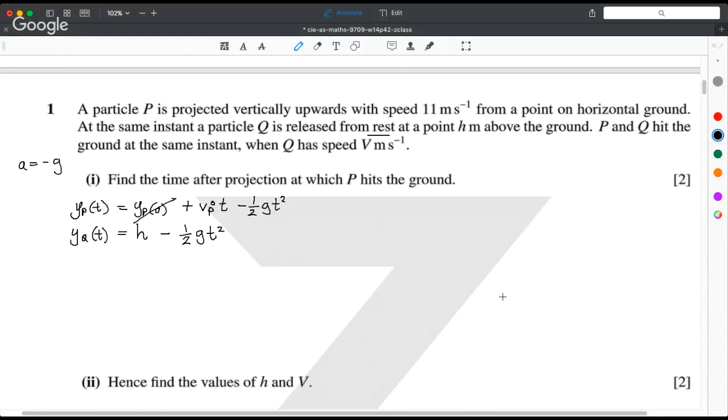So now that we have these general equations, we can work out the answers to the question. For this question 1, at t equal to t ground, so that's the seconds it takes for the particle to hit the ground, then yp is equal to 0.